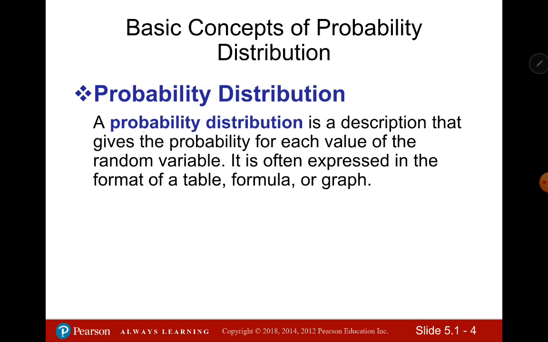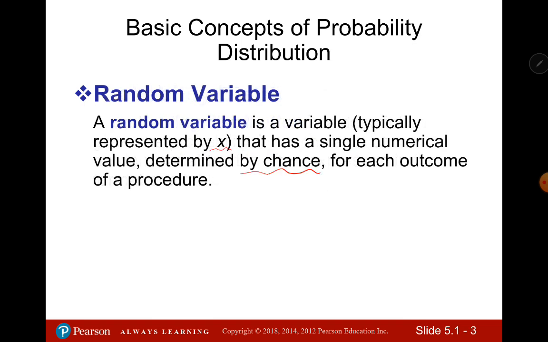And what is a probability distribution? It just gives the probability for each value of a random variable. We will go back to check the random variable again. Each value is determined by chance, so each value should have a corresponding probability, right? Because it's determined by chance.